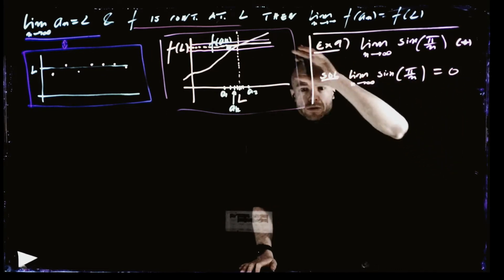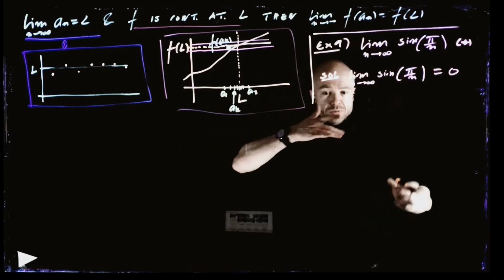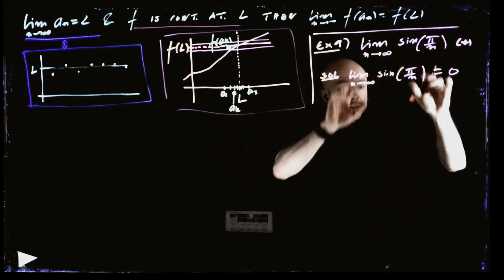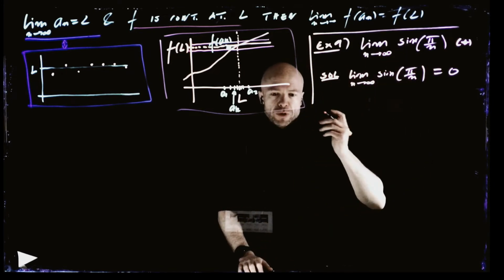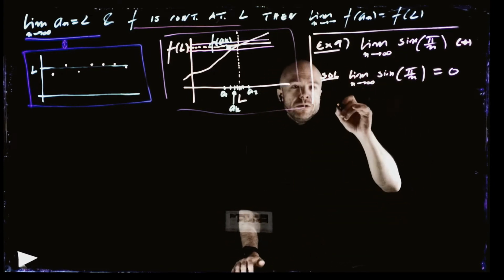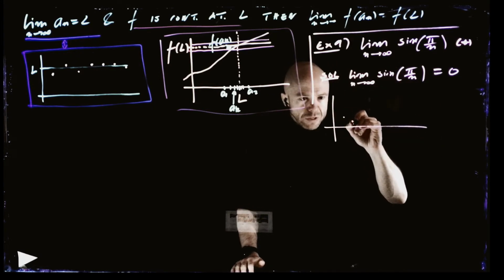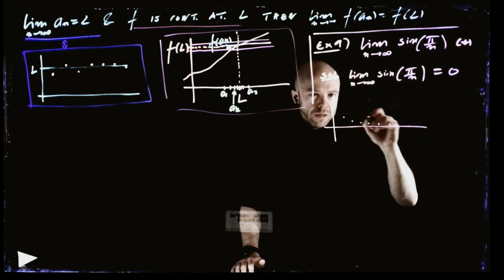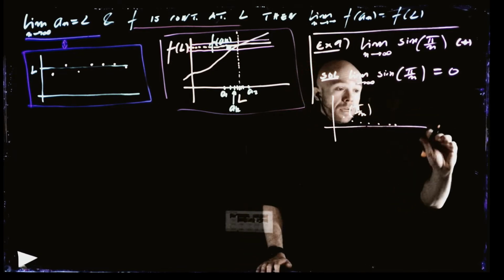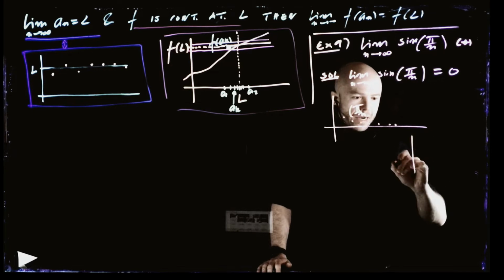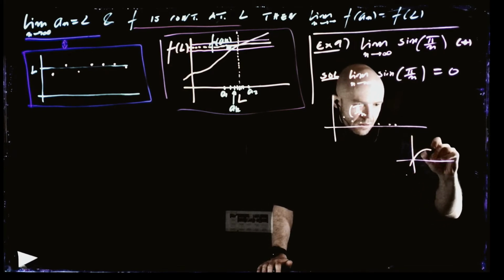Just applying the stuff. But I don't want you to apply this like some memorized rule. The way I want you to think about this is to, in this individual case, come up with a picture in your head. And the picture you should be coming up with is that pi over n is a sequence which goes down like this. This is the sequence pi over n. And you know what sine looks like. So sine looks like this.